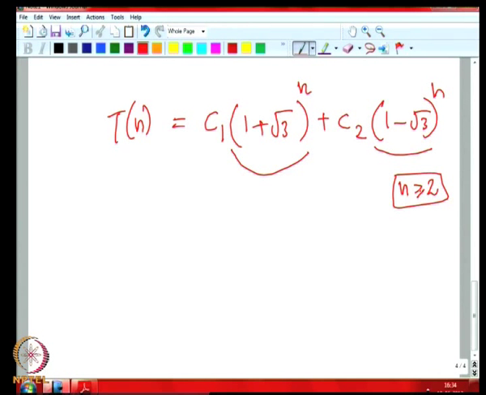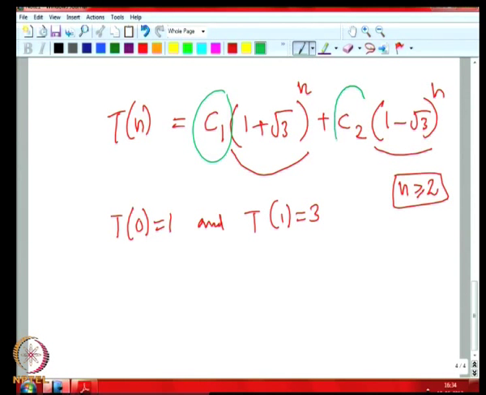But this only satisfies the recurrence relation. We also have to satisfy the initial conditions, namely T of 0 equal to 1 and T of 1 equal to 3. If this is to be satisfied, we have to carefully select C1 and C2. How will we select it?